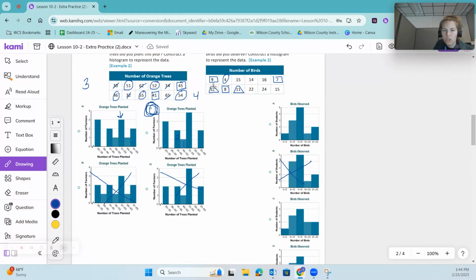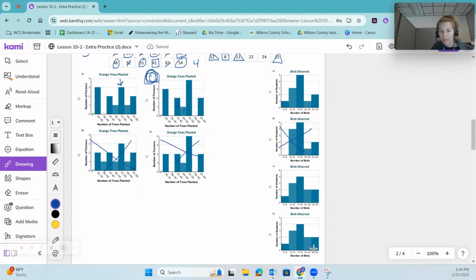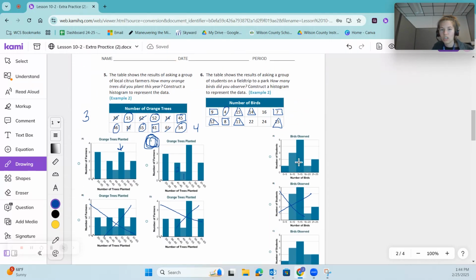That's 4, and then 5. So actually A is the only one that has that correct. A is going to be my correct answer, and I'm going to double check the rest. 16 only has 1, and it does. And 21 to 25 has 2, and it does. So A is the correct answer there.